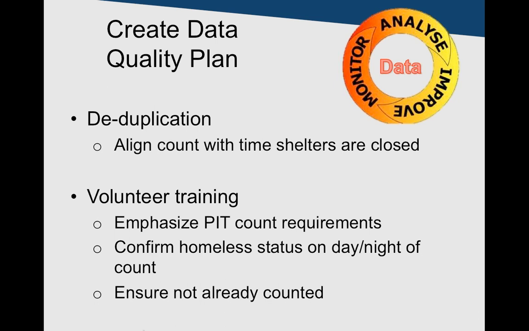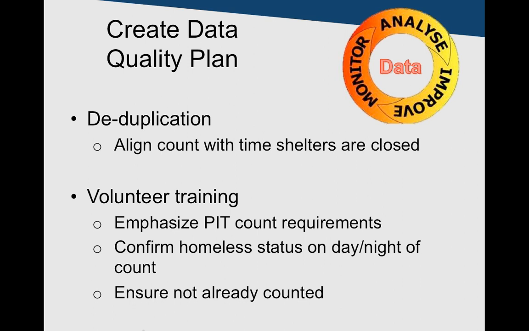Next, you need to have a plan for data quality and that big thing, deduplication of the point-in-time count, so that we're not double counting people. Part of this will include utilizing some type of deduplication method to ensure that you are not double counting persons experiencing homelessness.